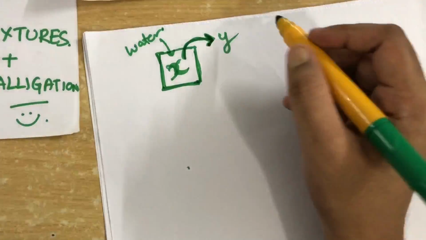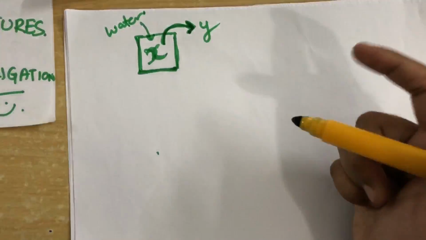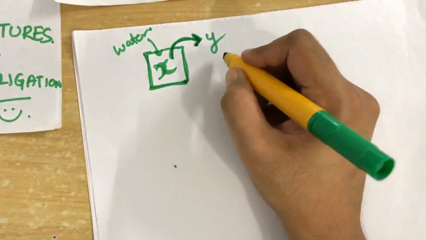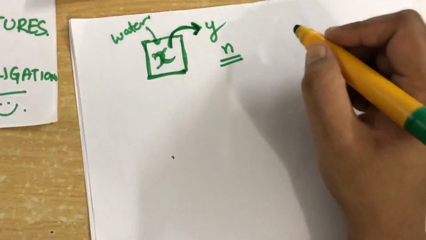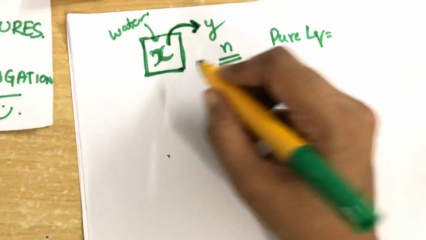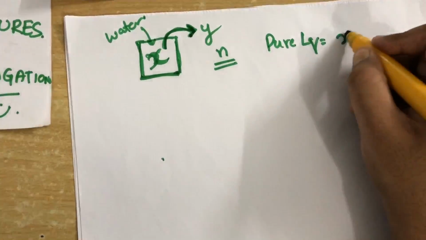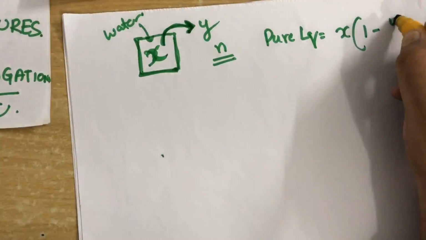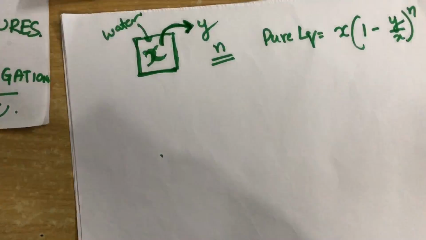Now if this operation of Y units being removed is repeated n times, then the quantity of pure liquid left inside after the n operations would be x into (1 minus y by x) power n units.